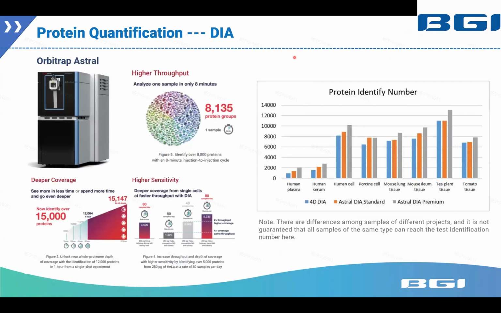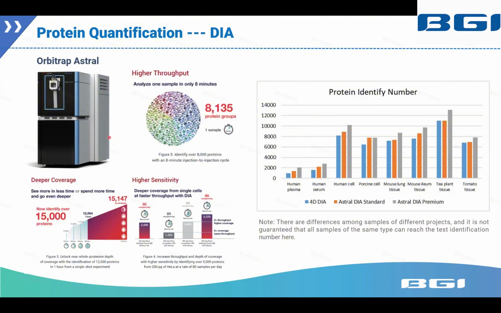Okay, besides the high quality methodology, BGI is also at the forefront of using instrument platforms. We have introduced the Thermo Orbitrap Ultra MS platform, which further enhances the performance of our DIA services. The Orbitrap Ultra instrument fully inherits the ultra high resolution, ultra high sensitivity, and ultra high dynamic range of the Orbitrap instrument.